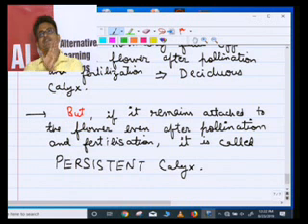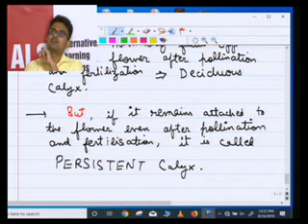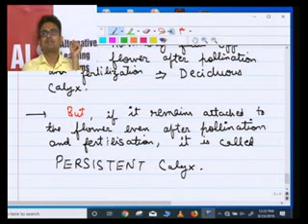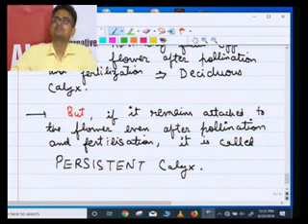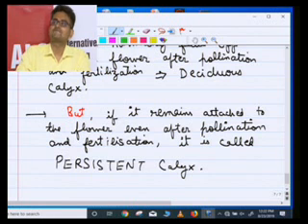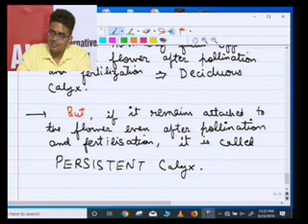You will definitely find persistent calyx in your home. Where is it? Give it a guess. Persistent calyx is present in everybody's home. There is no exception. Anybody? No guesses.